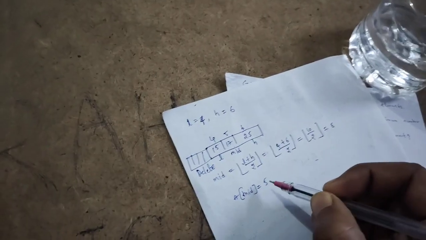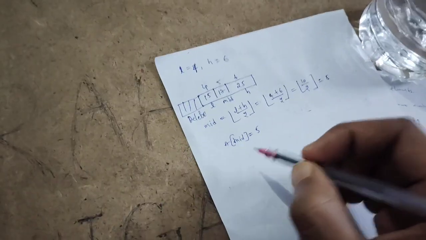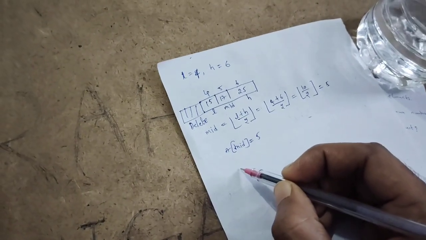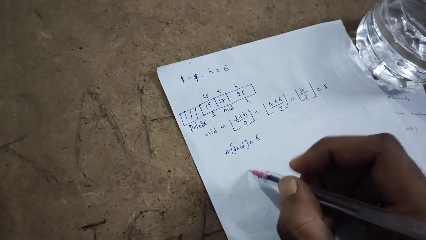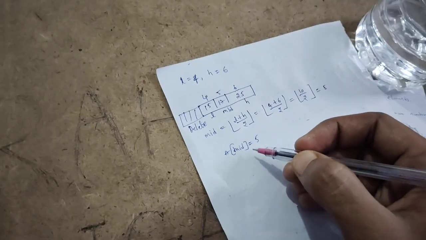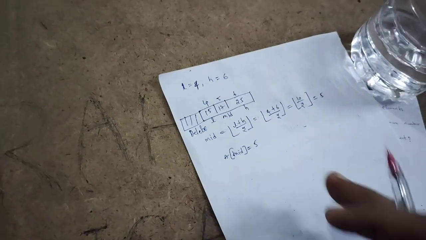So our mid value is 5. Let's compare. We are finding 17.